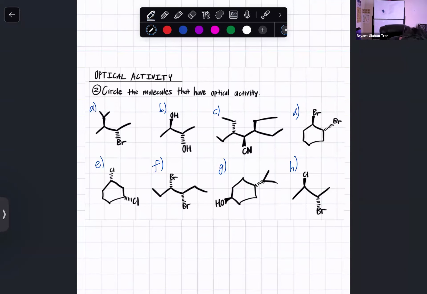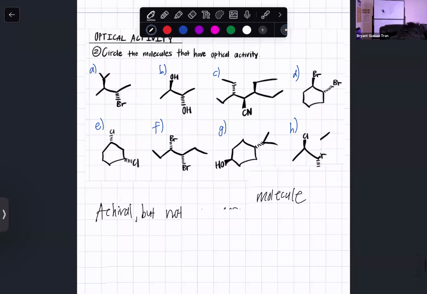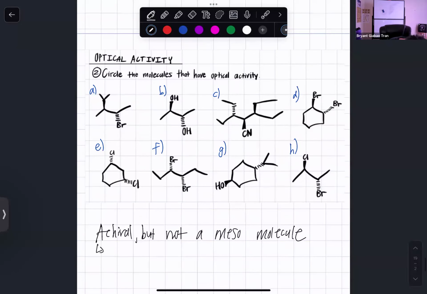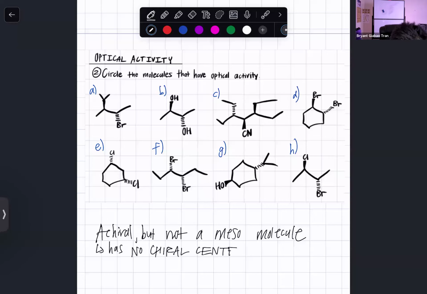For a molecule to be achiral but not a meso molecule, the molecule has no chiral centers at all.